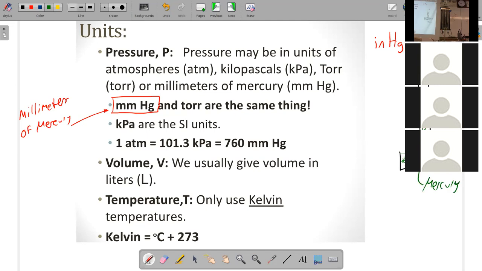Mercury is a very, very dense liquid that's a metal. It's the only liquid metal, and that's why mercury is used in making barometers. And then this space up here is vacuum. So the deal is that our atmosphere can support, we say support, a column of mercury that is about 760 millimeters tall. 760 millimeters is 3/4 of a meter, about that tall.